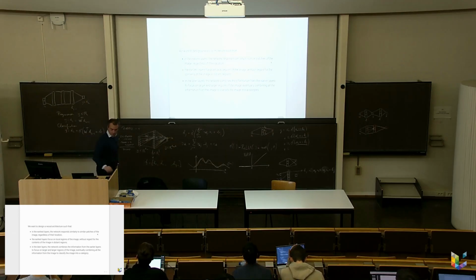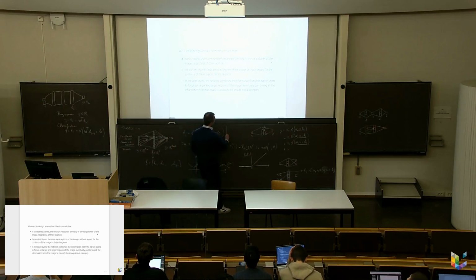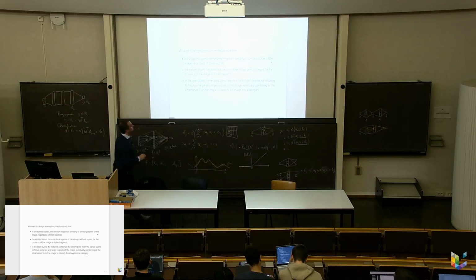Okay, so if you have an image like this, I don't know, with a cat somewhere, you could have the network look at this image by patches, and how the neural network would respond would be the same regardless of the location of the patch. That means you would apply the same function on the patches regardless of where the patch is.